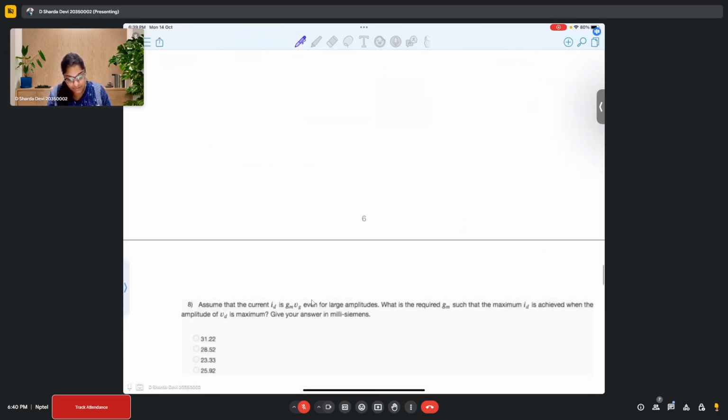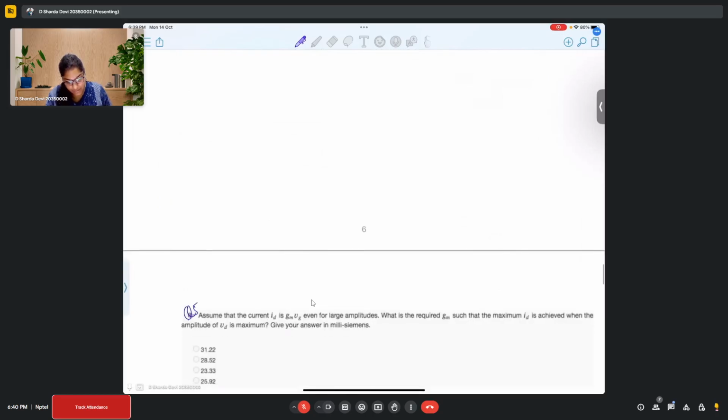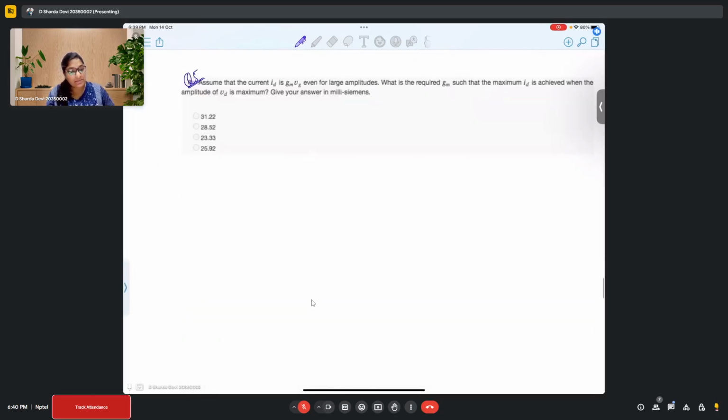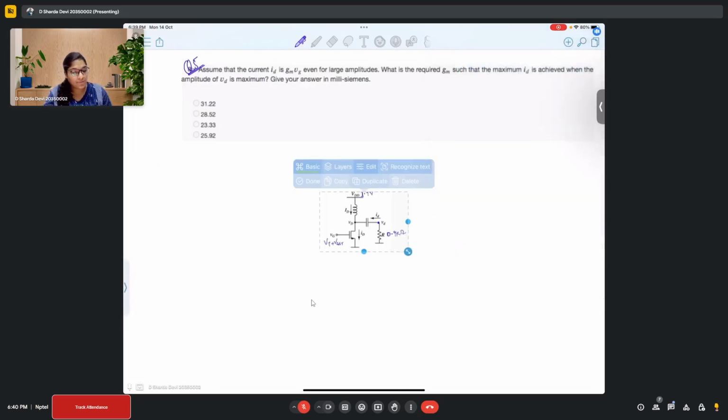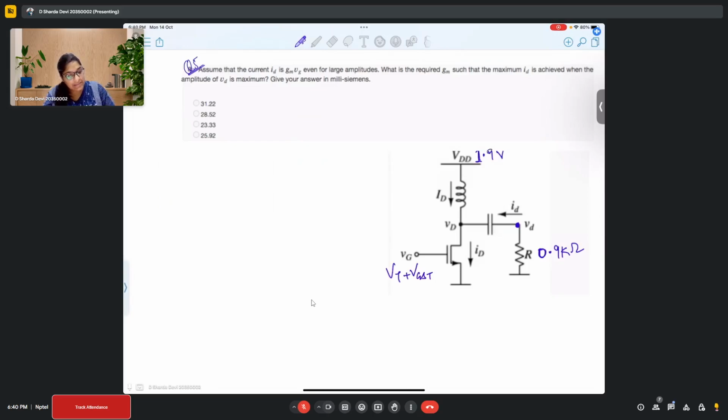Now moving to the next problem. This is question number 5. Again, we are going to use the same circuit. In this circuit, we have to assume that the small ID is equal to GM into VG, even for large amplitudes.